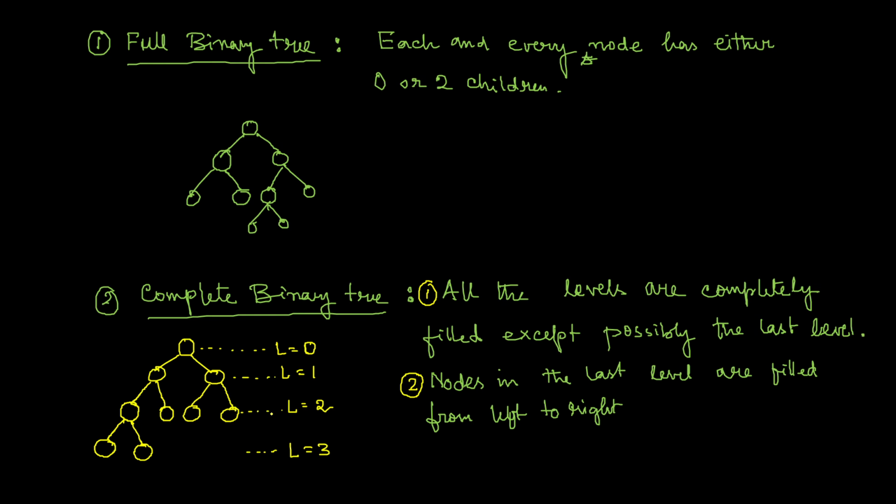So now we will go for the third point, that is the perfect binary tree. How can you say that a tree is perfect?